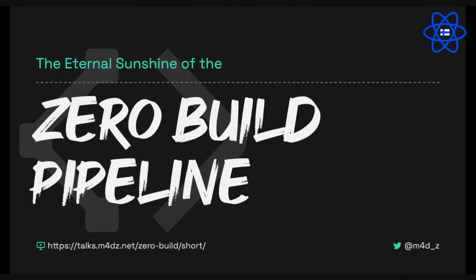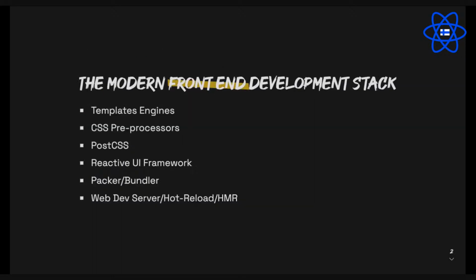Hi everyone. We're going to talk about the zero build pipeline and the problem that we actually face in our front-end development. The modern front-end development stack is a bit complex because we do not work with just HTML, CSS, and JavaScript like 20 years ago.